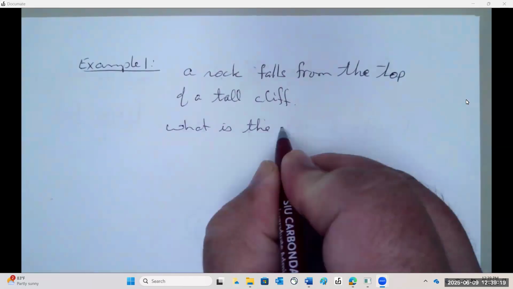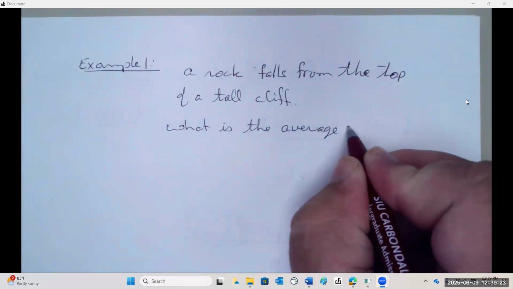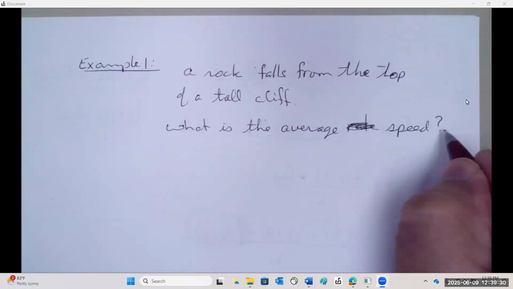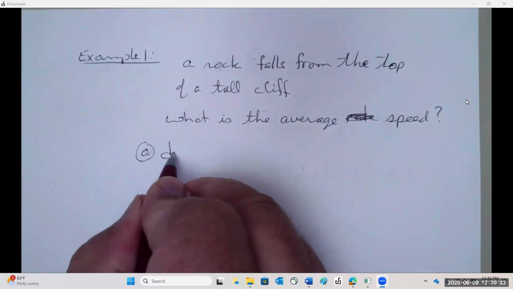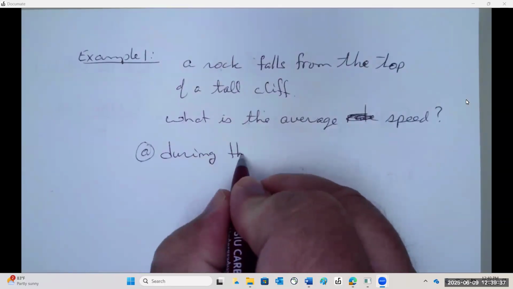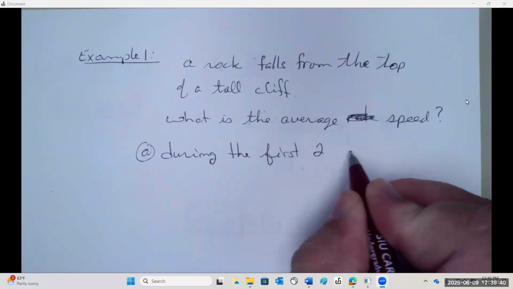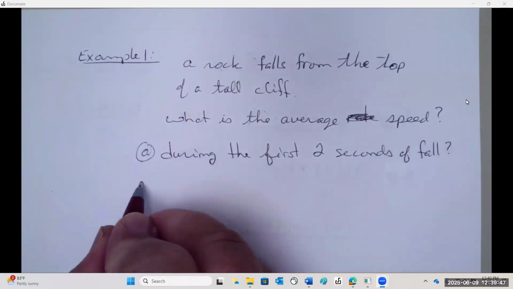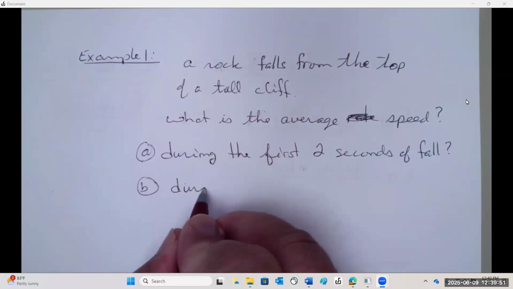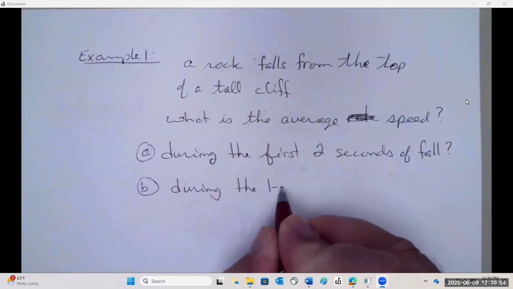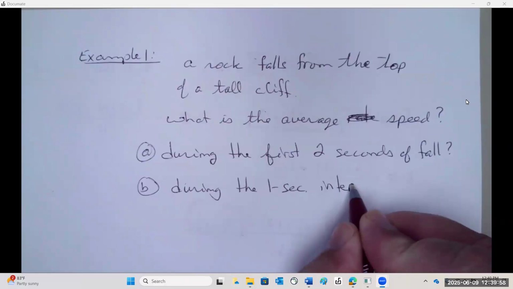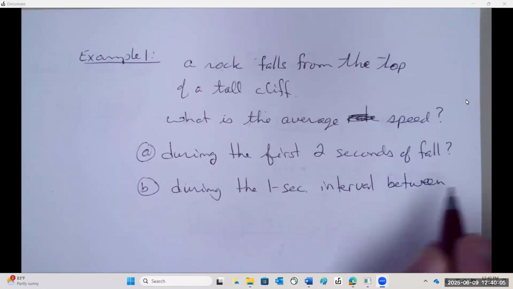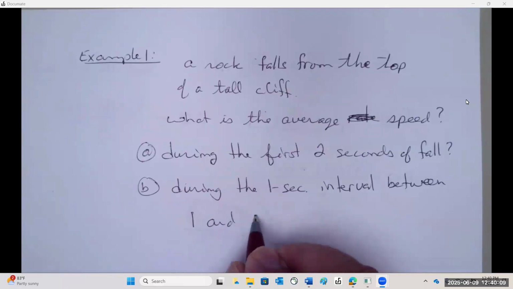What is the average, let's say speed, during the first 2 seconds of fall and during the 1 second interval between 1 and 2 seconds.